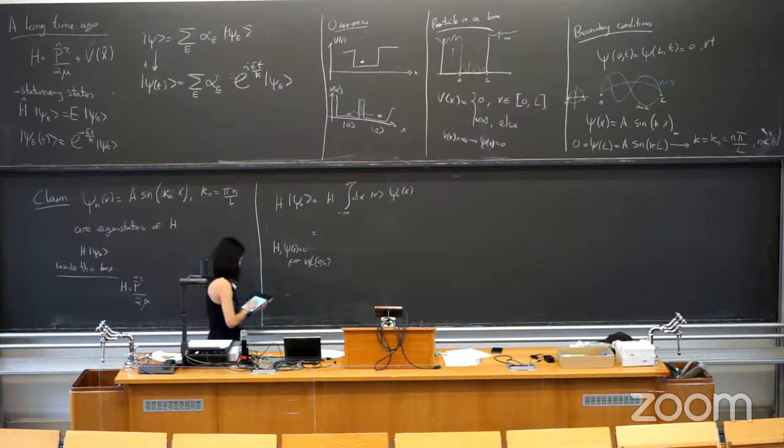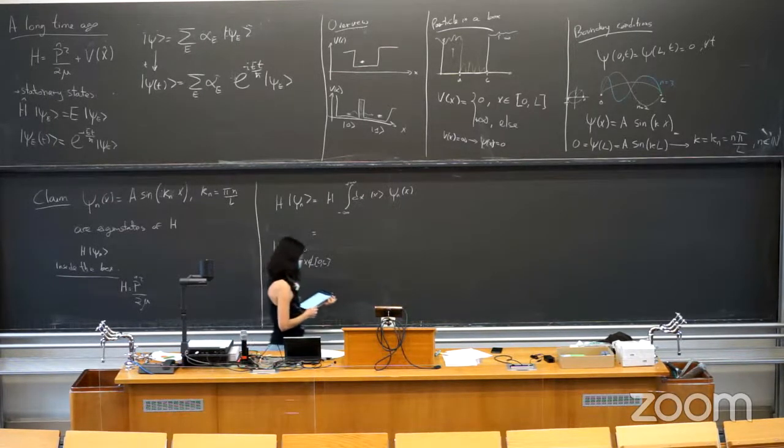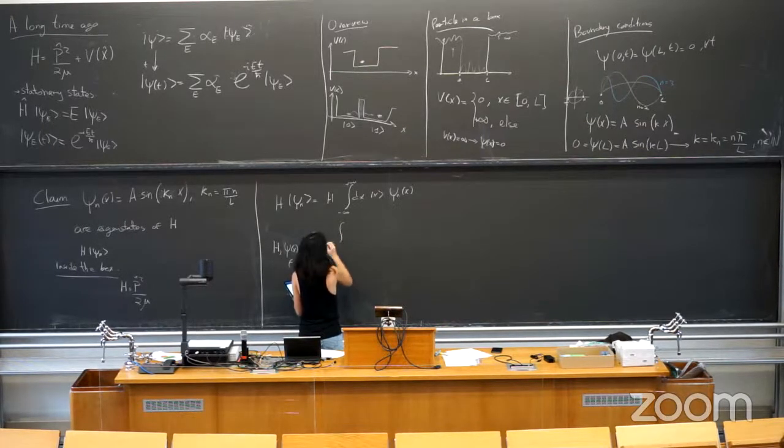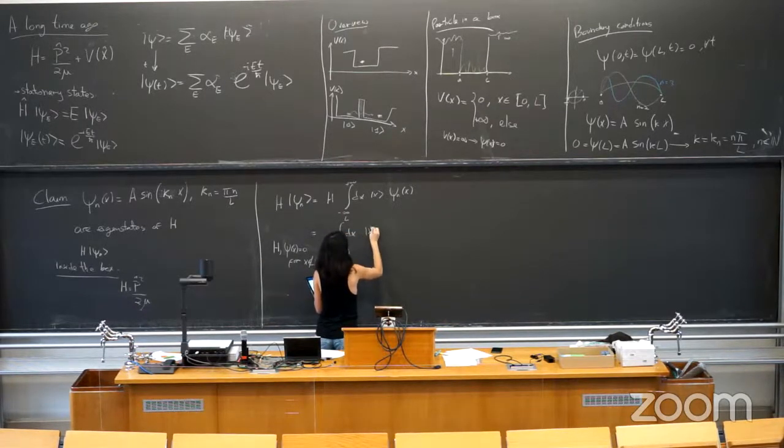So then what's surviving is inside the box. We have, from 0 to L, the dx, p squared over 2 mu psi n of x.